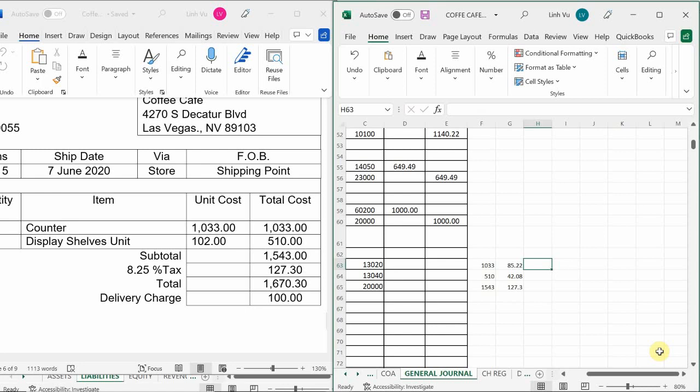Okay? So what's 75% of 100? $75, and $25 for the display shelves. So in this case, $100. Now, let's sum up the totals.